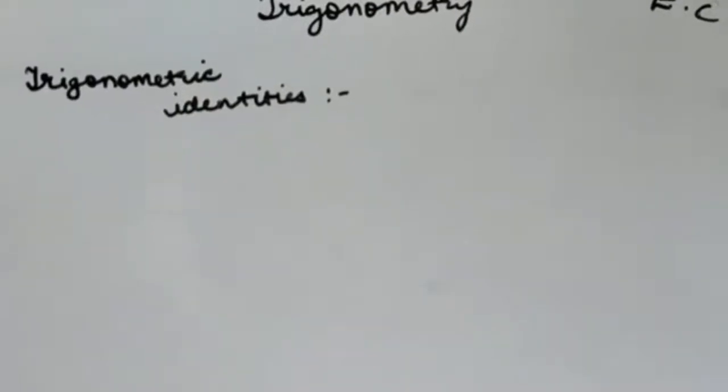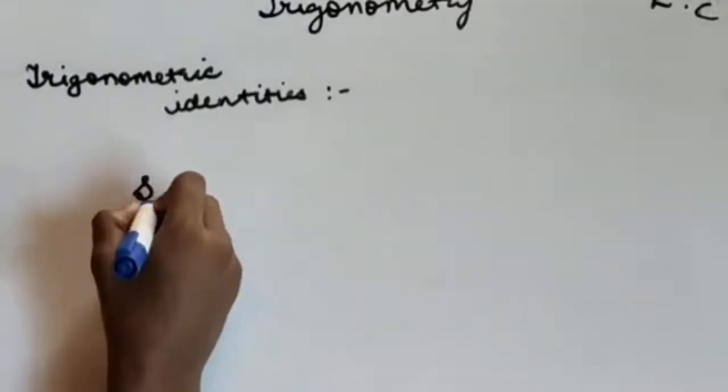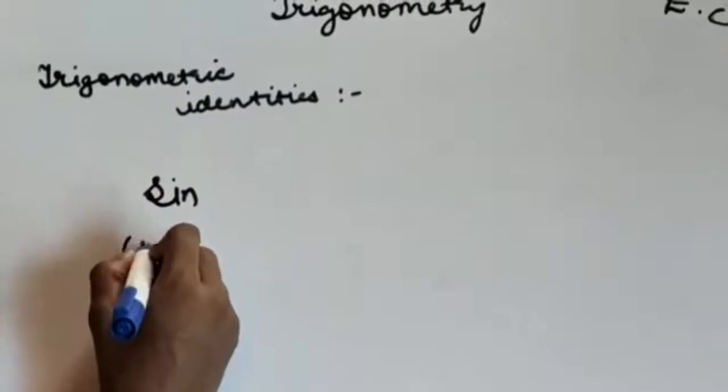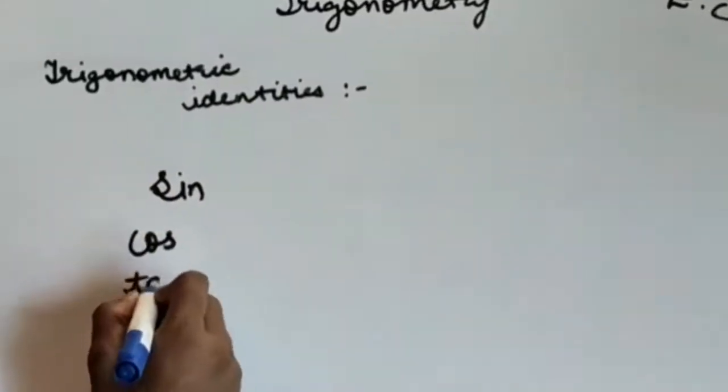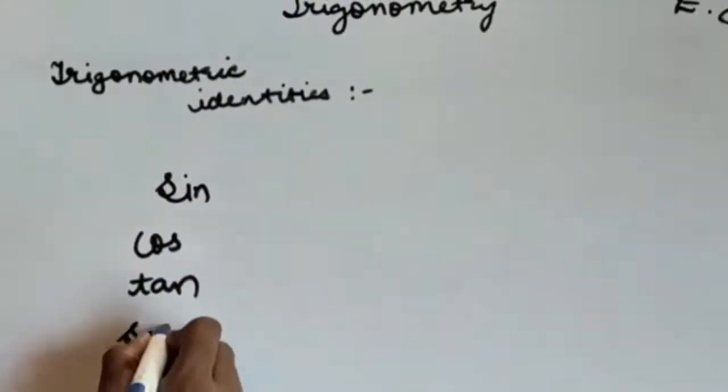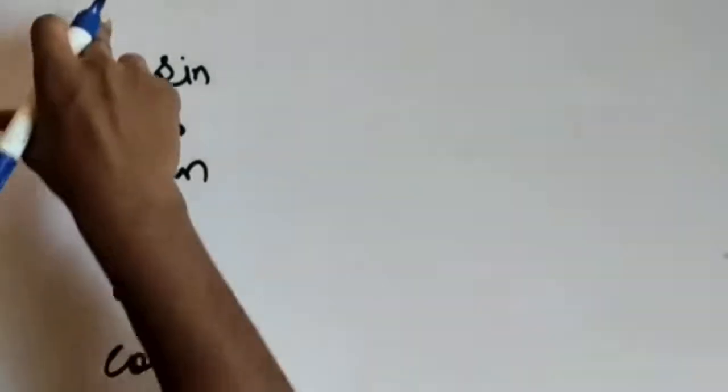I am quite sure that you will give the answer in this order: sine, cos, tan, sec, cosec and cot. Exactly in the same order we are going to learn the trigonometric identities, and the trick resides in this order.